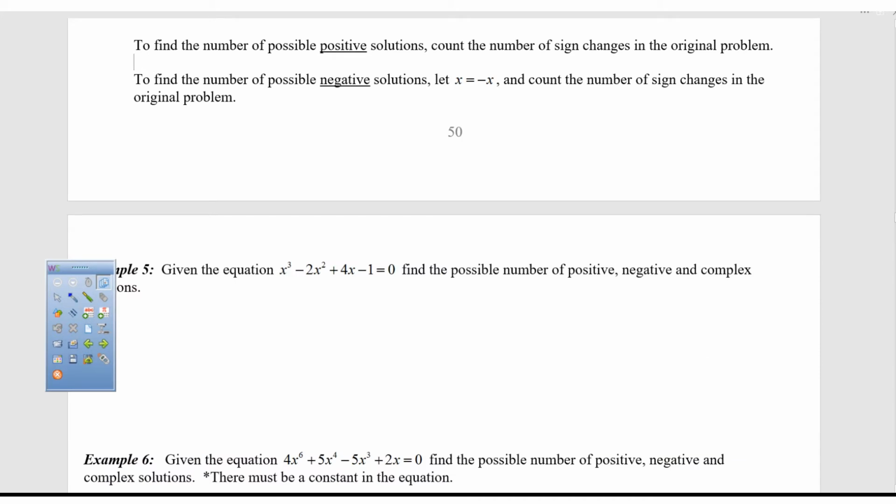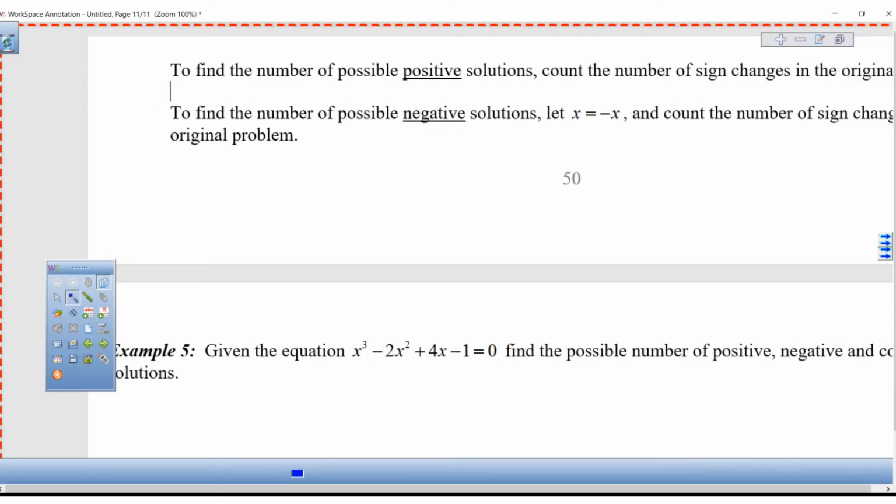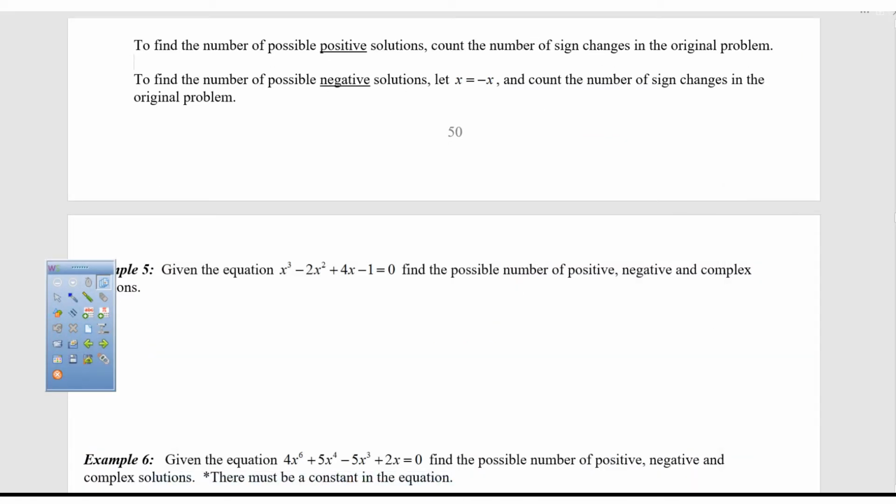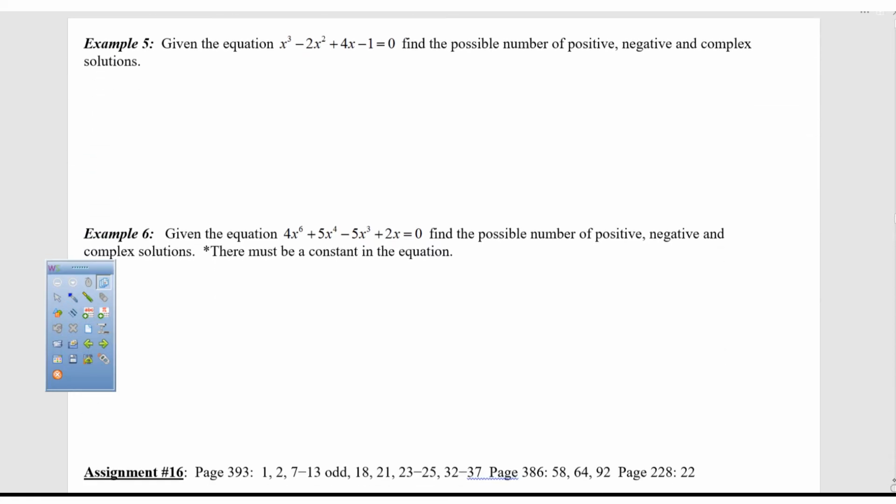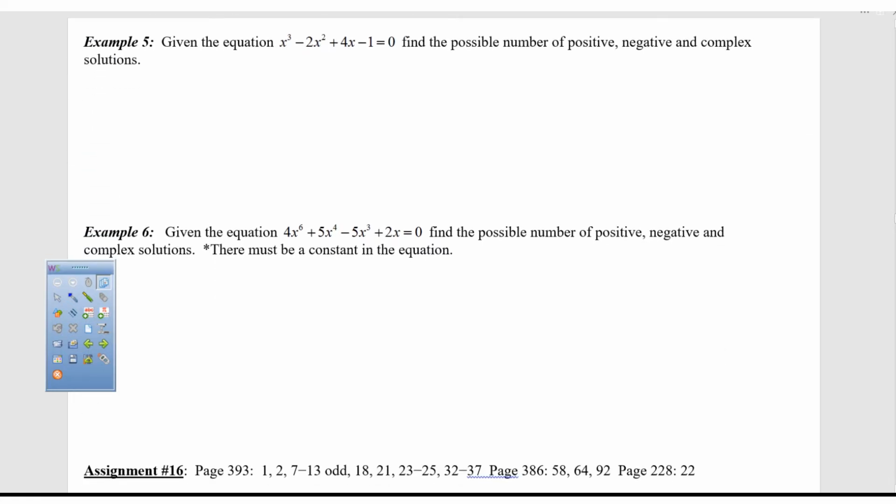To find the number of possible negatives, you replace x with negative x and count the sign changes in the original problem, okay? So I'm going to go nice and slowly, and you know, I don't think you're going to see this, but I just want to be safe, okay?